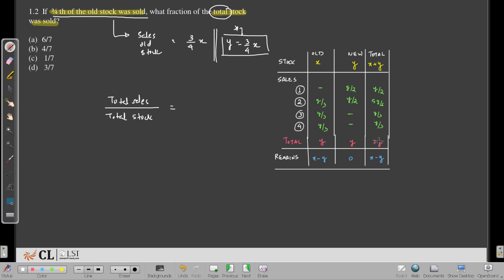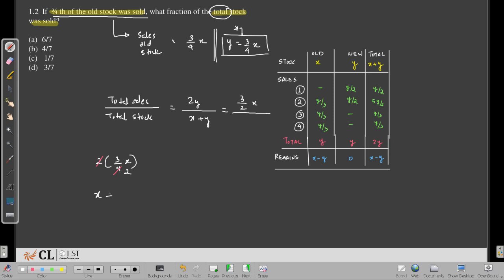The total sales is equal to 2y, and here the total stock is equal to x plus y. Now here we can put y equal to 3/4 of x. Let's take the numerator, 2 times y, 2 times 3/4 of x, and this will get cancelled. That will be 3 by 2 times x. The numerator becomes 3 by 2 times x divided by the denominator x plus y.